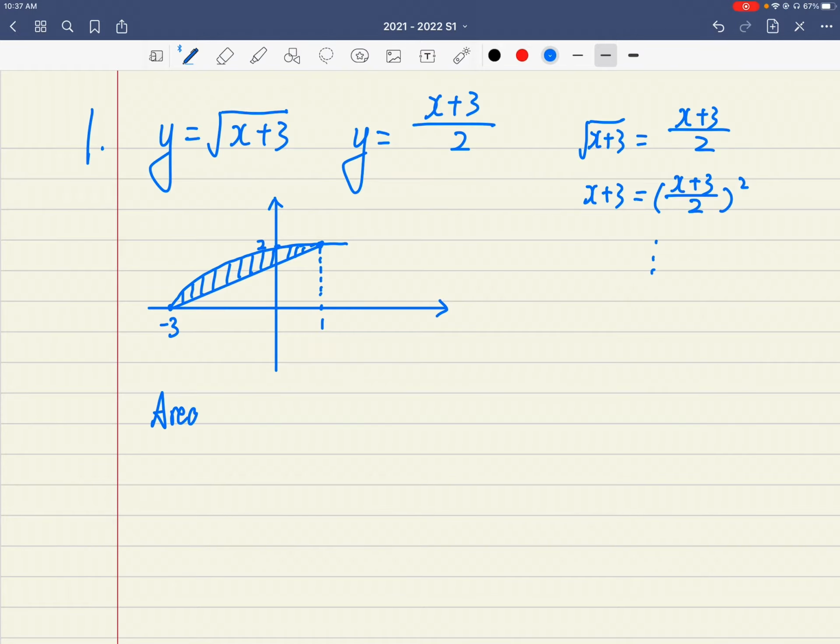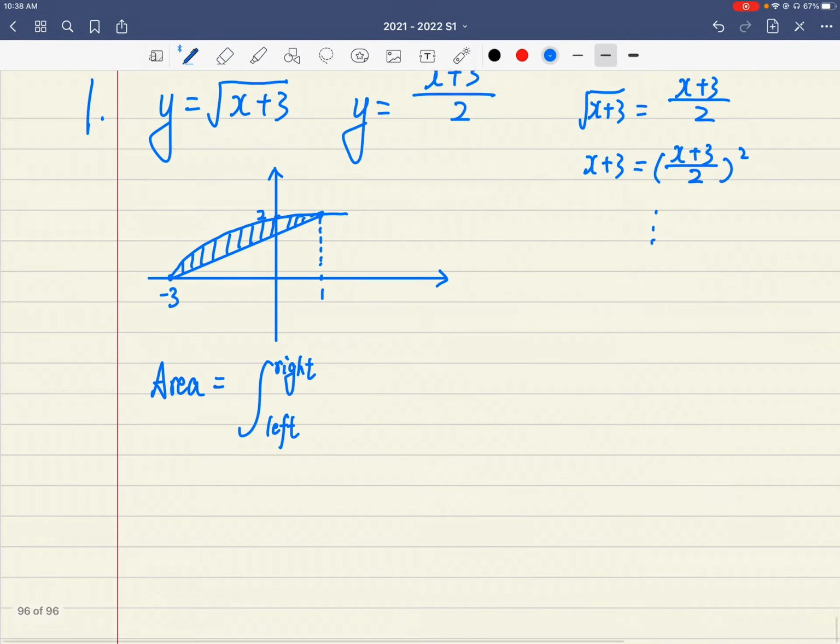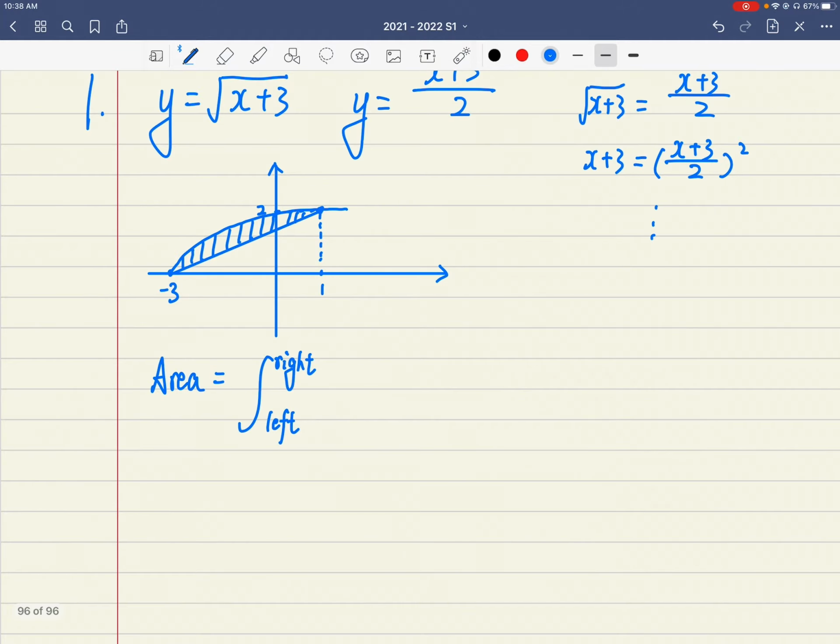For the area of any region, you just integrate from the left where they meet all the way to the right. And if the region is bounded by two functions, you always use the top function minus the bottom function. On the left, they meet when x is negative 3.